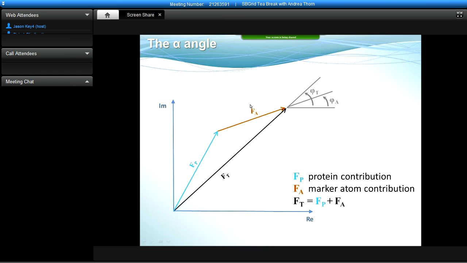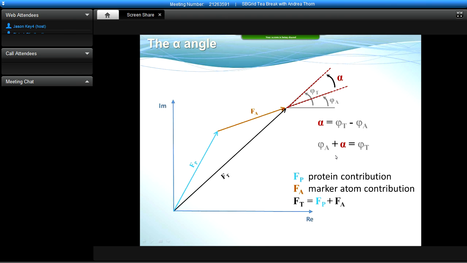A here stands for atoms or anomalous scatterers. And this F_A contribution will also have a phase angle, and that phase angle will differ from the total phase angle. Now, the alpha angle is actually the difference between the total phase angle and the phase angle that is assumed by only the contribution from the marker atoms. So in a SAD experiment from the anomalous scattering, or in a MIR experiment from the soaked-in heavy atoms.